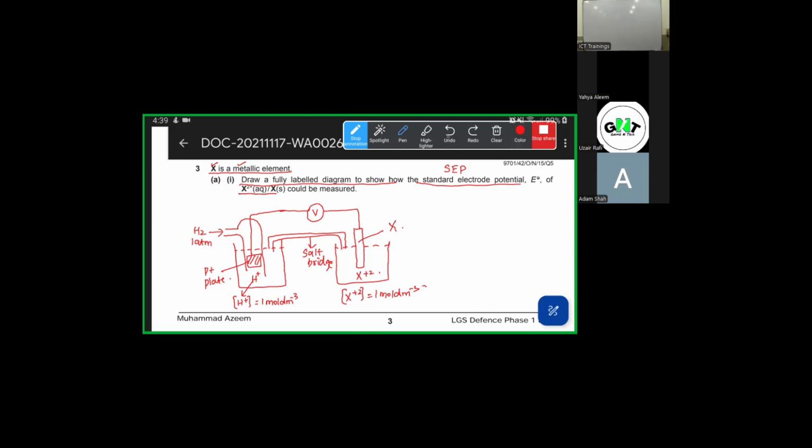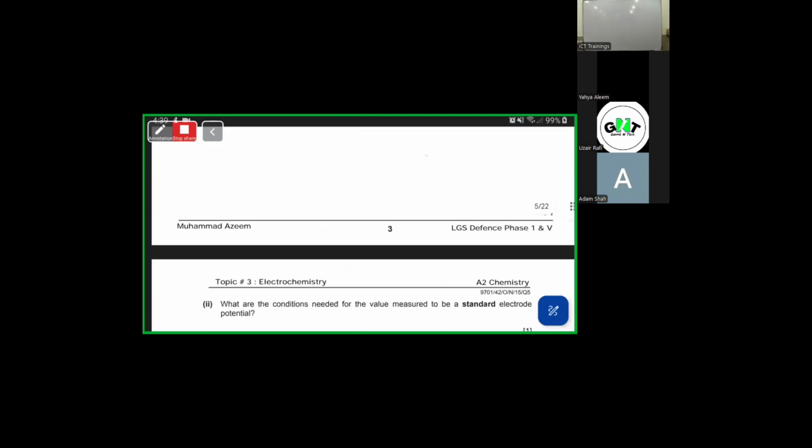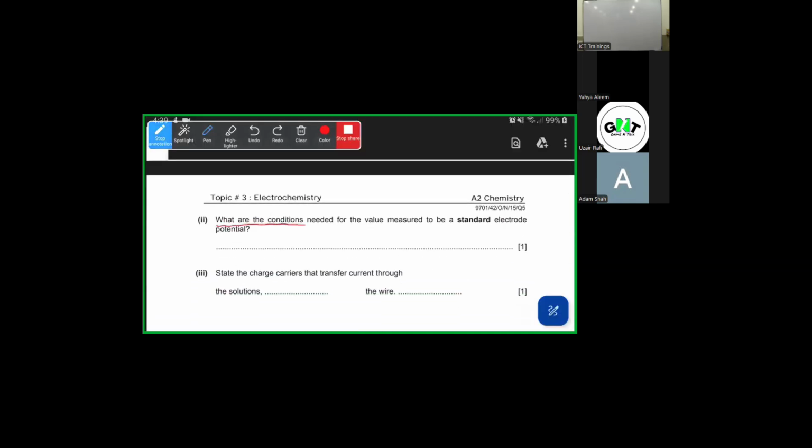Okay, guys. The next question he is asking in the same question: what are the conditions needed for the value measured to be the standard electrode potential? You need 3 conditions. The first condition: the concentration of ions should be 1 mole per dm cube.